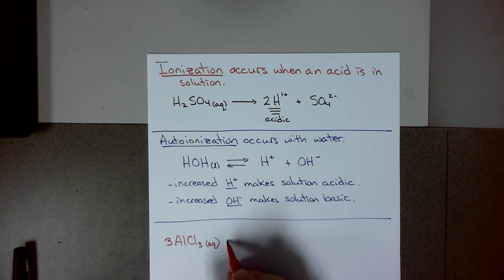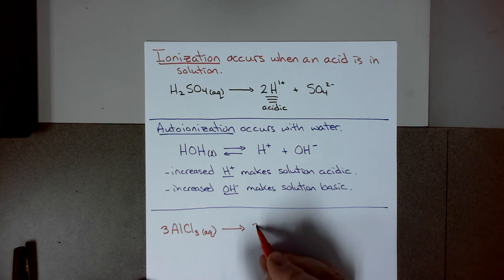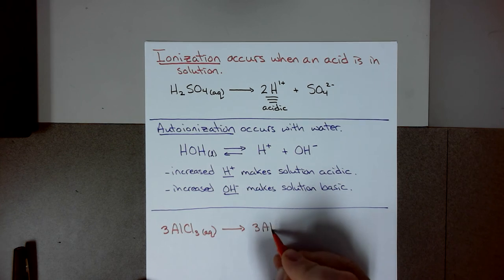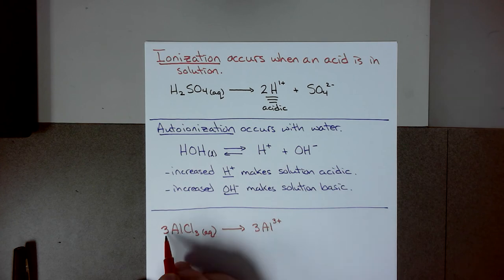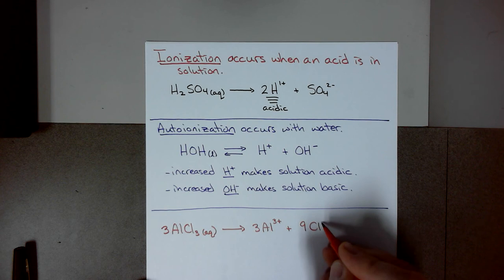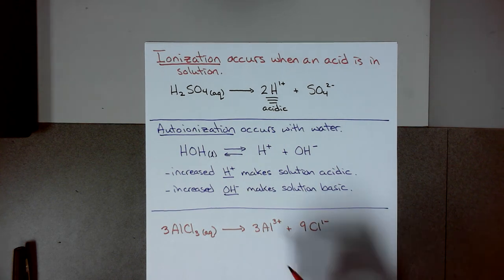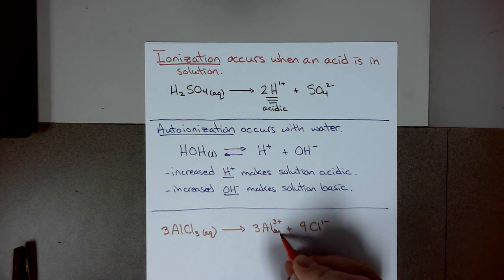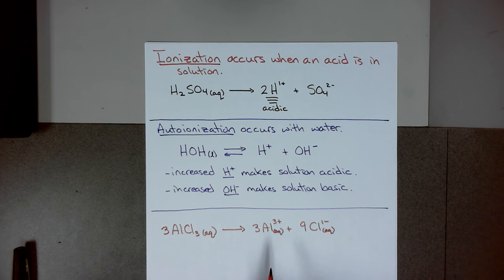Well, that would dissociate into, I would multiply, that's 3, so that's 3 Al 3+ ions, and then 3 times 3 is 9 Cl 1- ions. So we need to be aware, and remember, officially I should be writing aq next to these because they're aqueous, but you must realize that anything that is an ion or has a charge has to be aqueous.